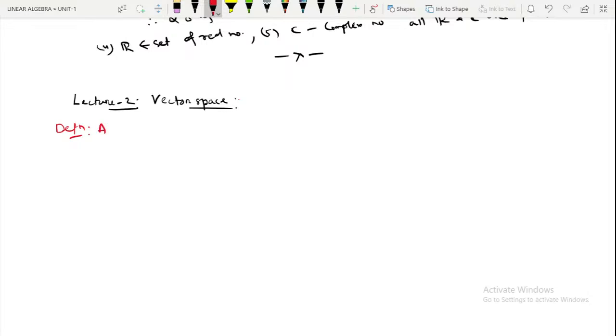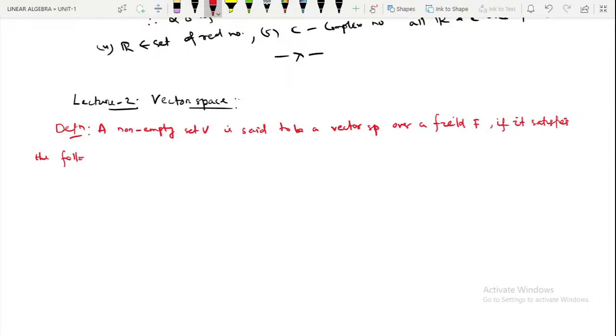A non-empty set V is said to be a vector space over a field F if it satisfies the following properties under the operation addition and scalar multiplication.